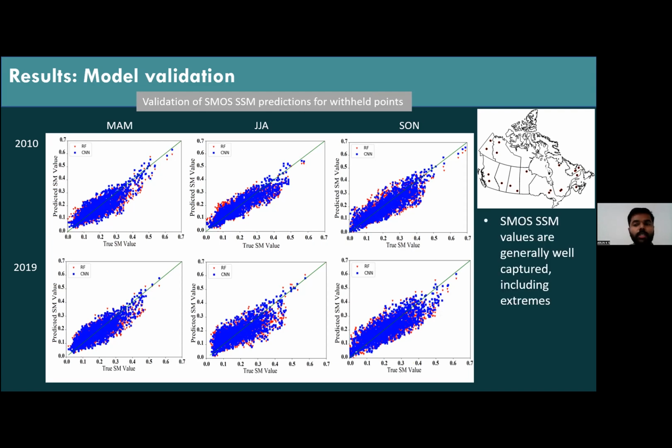Here also the CMOS SSM values are generally well captured, including the extreme values, by the two different models. However, the CNN estimates are closer to the diagonal line as compared to the RF-based estimates. So we can conclude that CNN performs better than RF, and we will use the CNN model to spatially extend the surface soil moisture values for CMOS observations.